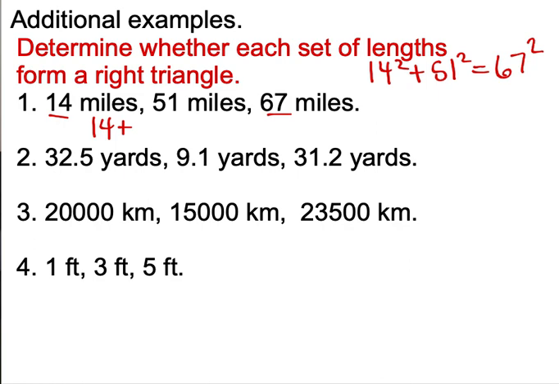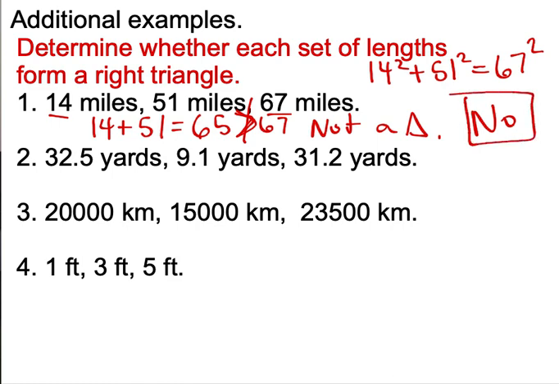Let me replace that real quick. 14 plus 51 actually equals 65. That is supposed to be greater than 67, and it is not greater. So this is not a triangle. And if it's not a triangle, there's no way it can be a right triangle. So no, not a right triangle.